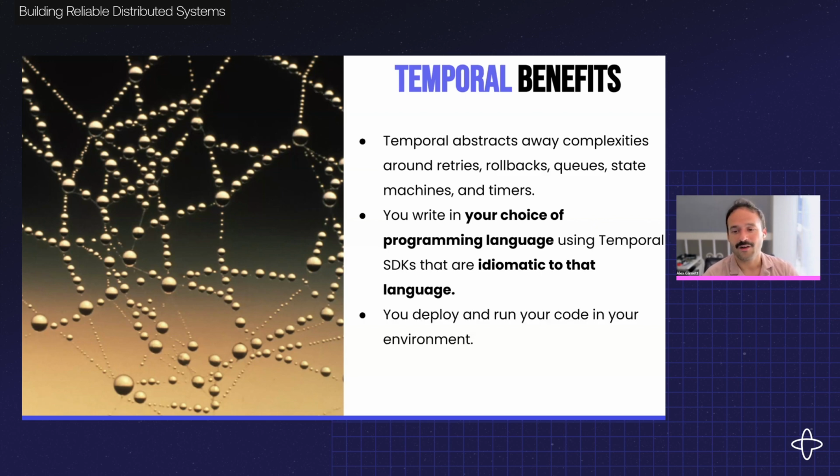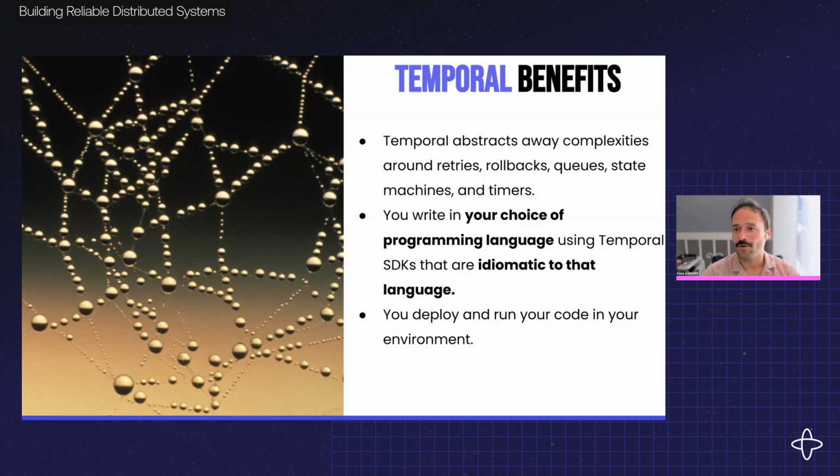You deploy and run your code in your environment. Temporal uses a worker model. So Temporal itself, the Temporal service, is an orchestrator. That's your control plane. And that way you deploy the code to run wherever you want it to using Temporal workers. This is nice because it gives you finer grained control over scaling and over where you want your code to actually run.